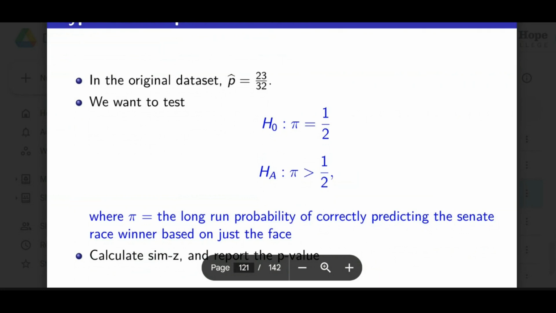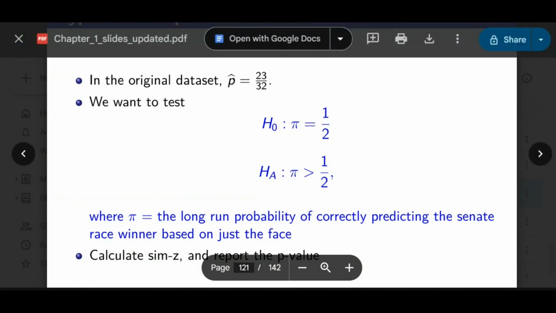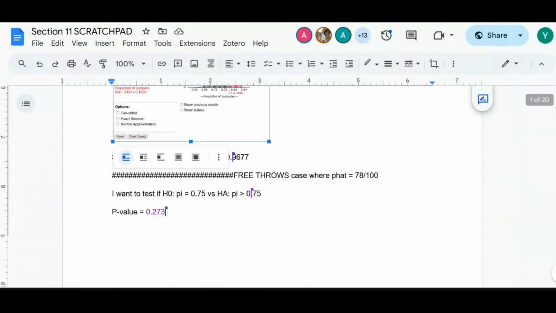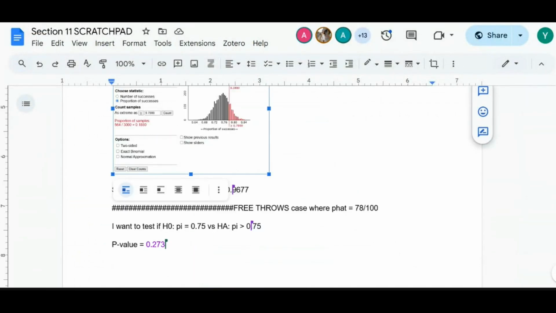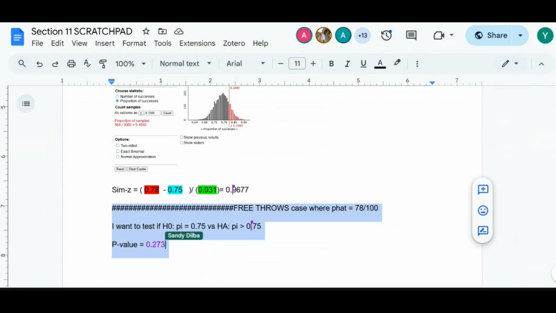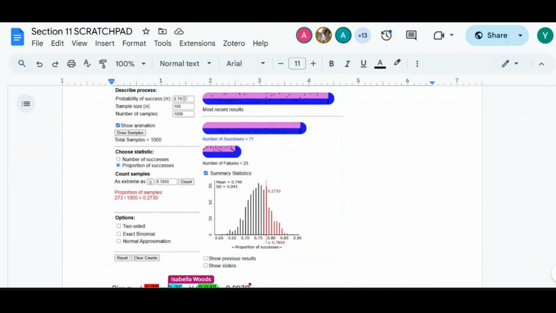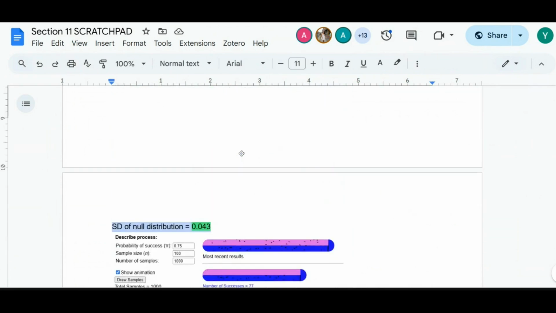So there's quite a few screenshots I want to get through, and I'm trying to finish this by 1 o'clock to give you enough time to do the sheet. So let's have you participate on Scratchpad, right? Let's copy some things. The scenario here is not free throws, but you'll notice a lot of things can be repurposed, and I'm going to do that.